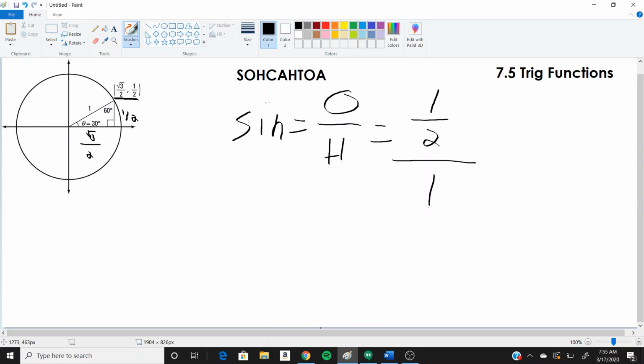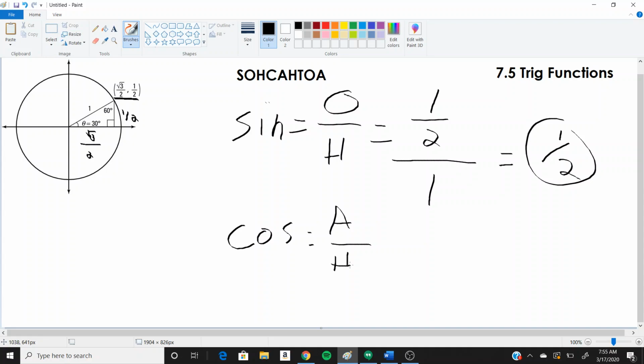Well, what's 1 half divided by 1? It's 1 half. So the sine of 30 in this case is 1 half. Do cosine. Cosine is adjacent over hypotenuse, which is root 3 over 2 over 1. Root 3 over 2 divided by 1 equals root 3 over 2.